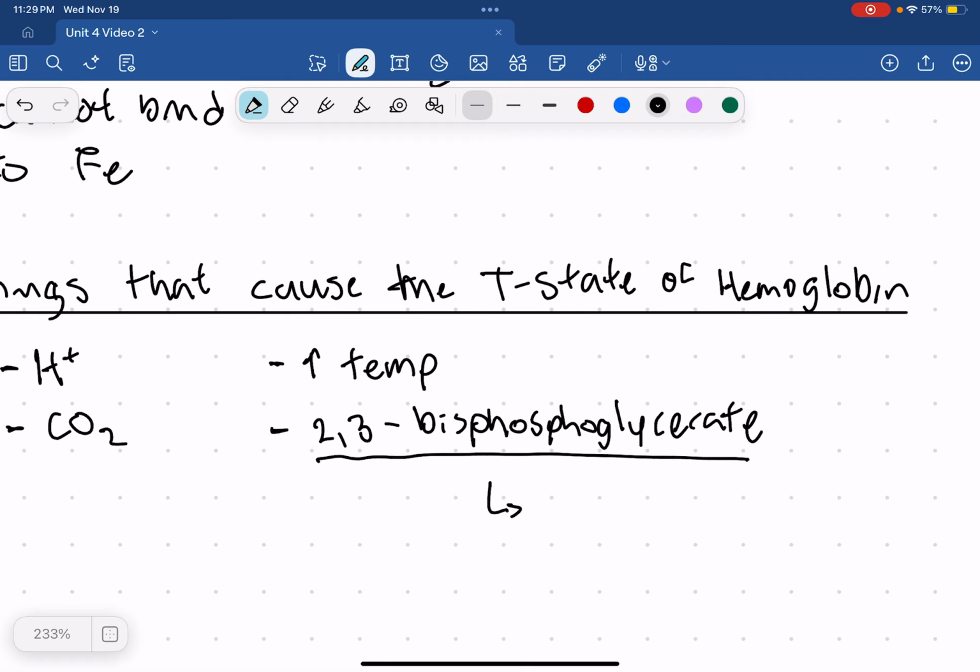Hemoglobin has a positive pocket, and when 2,3-bisphosphoglycerate has its negative charge, it can bind to the positive pocket of hemoglobin. When this happens, it creates a pulling on iron, that porphyrin ring, right? Pulls it down, forms a salt bridge, and this brings hemoglobin into the T state.